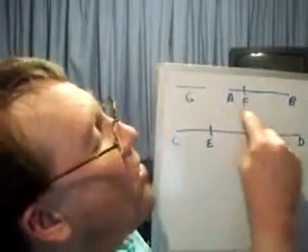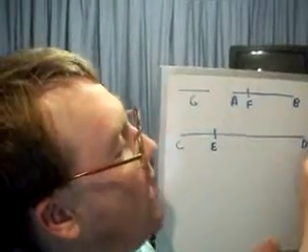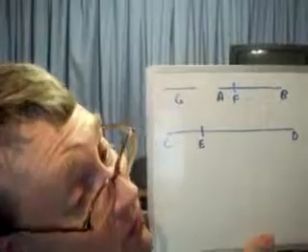I say next that it is also the greatest. For if not, there will be some magnitude greater than AF which will measure AB and CD. So now we're going to say that there is a line longer than AF that will measure both AB and CD without leaving a remainder.